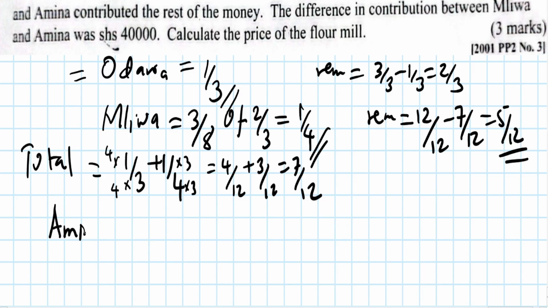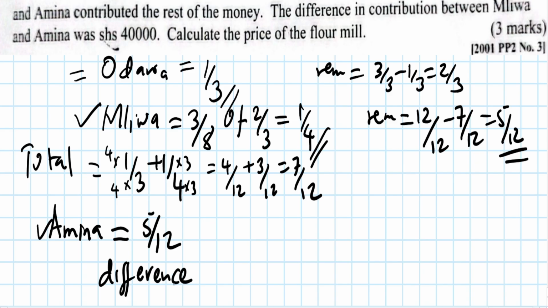So Amina contributed 5/12. Now the difference in contribution between Mliwa and Amina was 40,000. If you want to get the difference, normally it's very easy, but now you need to know who is bigger.